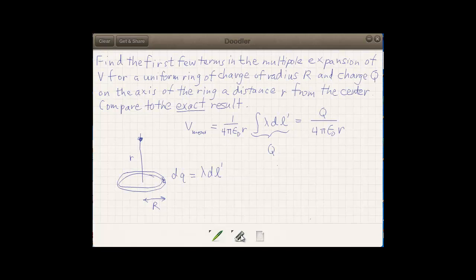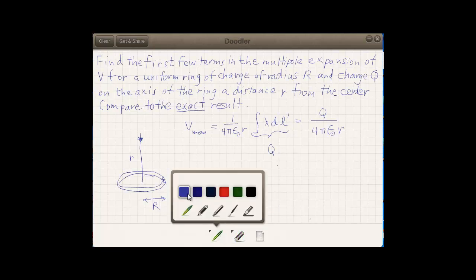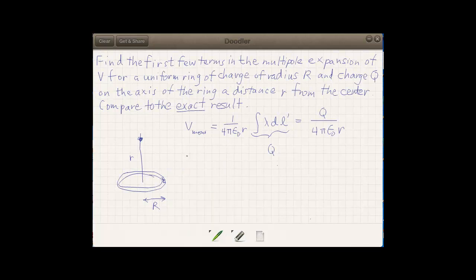So let me create a little bit more space here and get rid of my charge element. We know what that is already. And now let's move on to the dipole term. All right, so from the formula that comes from the expansion, the dipole term is as follows.